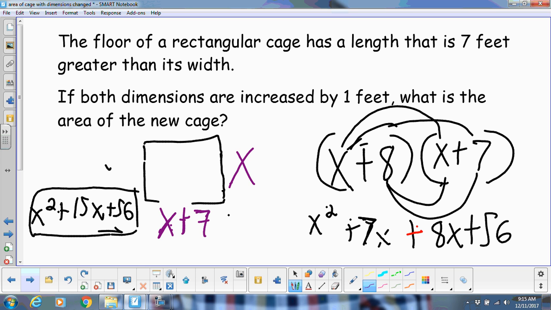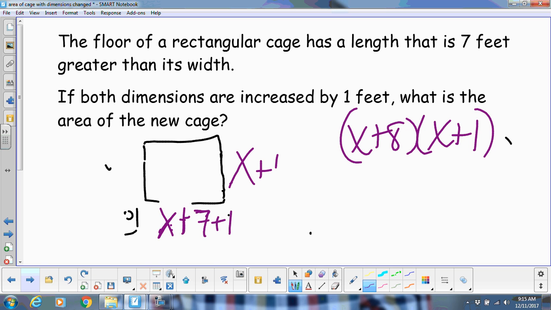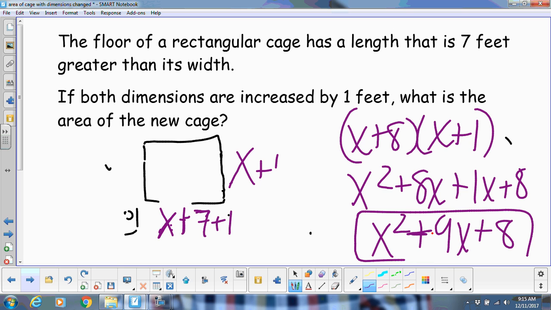Okay, and then when you add 1, it should be x plus 8, yes, and x plus 1. Okay, which, when he worked that out, would give him x squared plus 8x plus 1x plus 8, or x squared plus 9x plus 8. All right, easy enough.